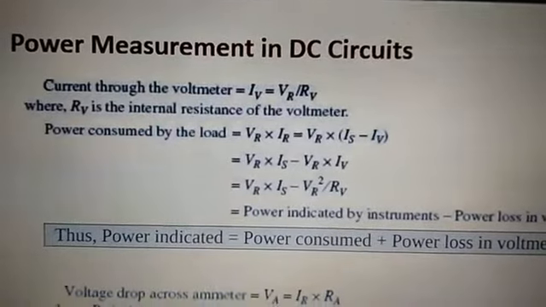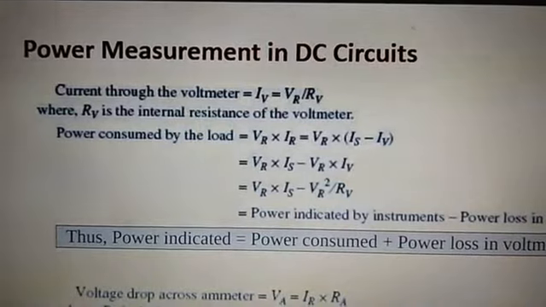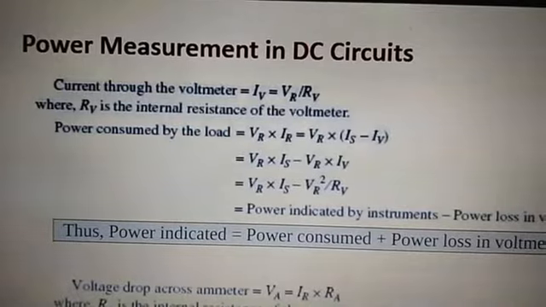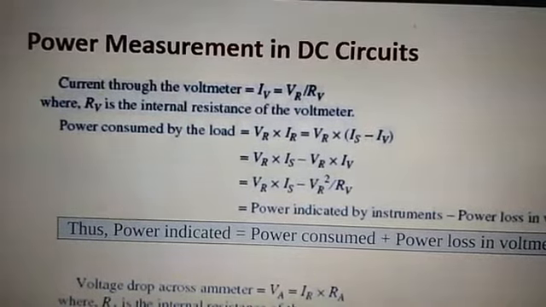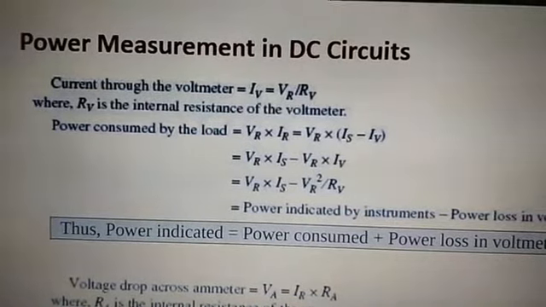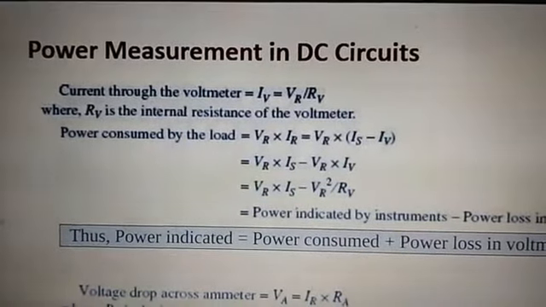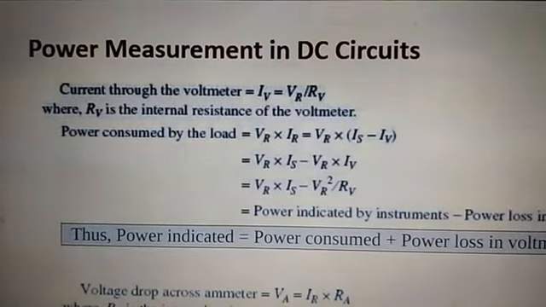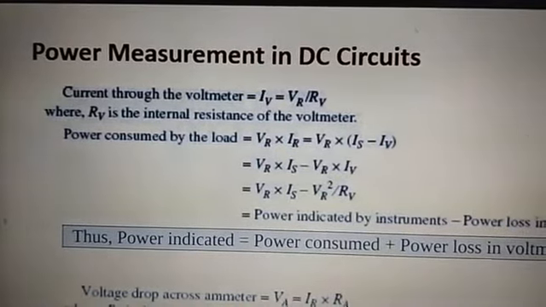So for the first arrangement, the current through the voltmeter, that is IV, is VR divided by RV. VR is the voltage across load resistance R, while RV is the internal resistance of the voltmeter. And power consumed by the load is VR into IR. IR can be written as Is minus IV by KCL. So VR into IR is now VR into Is minus VR into IV.